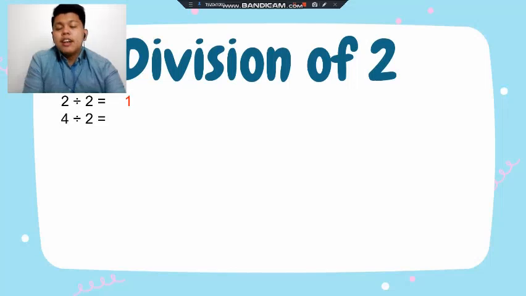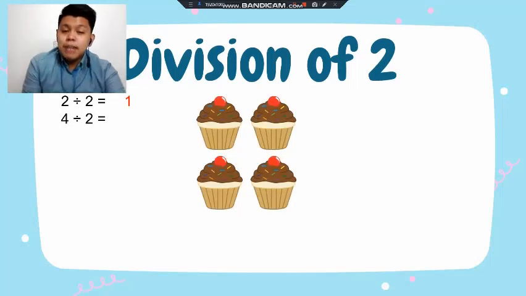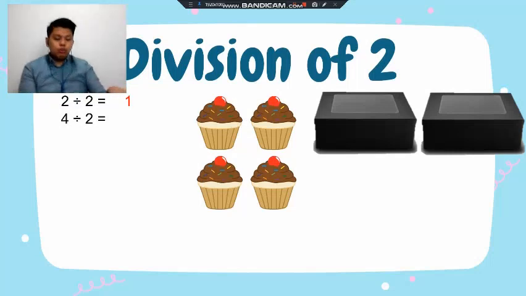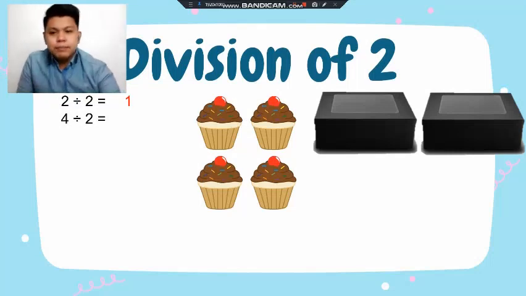Let's try again. 4 divided by 2 is equal to, so let's imagine we have 4 cupcakes. And then we have 2 big boxes. Again, we're dividing it by 2. Where am I getting the dividend?